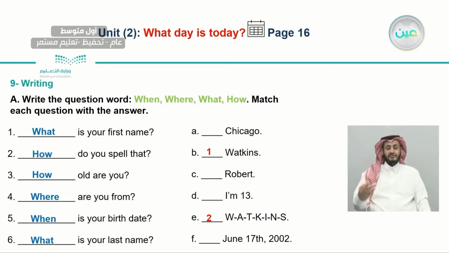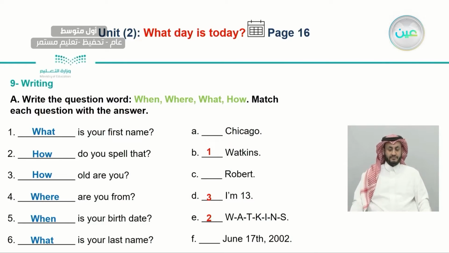I'm 13, June 17th, 2002. Which one makes sense? I'm asking about the age. So I'm 13 is the correct answer, okay? How old are you? The subject pronoun I comes here, I, plus am, and the age.